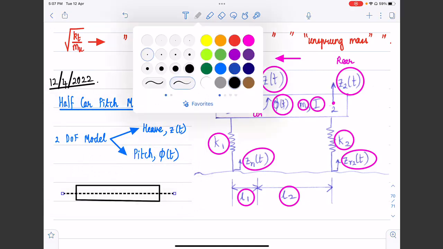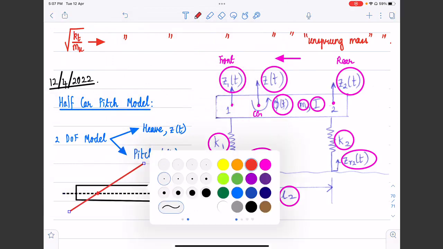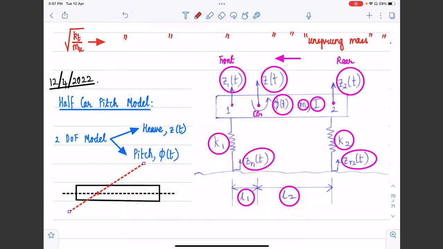Let's say this is our mass and that dashed line is our initial position. Due to the pitch motion, let us say this is our vehicle CG, and about the vehicle CG, I'm just drawing an exaggerated diagram. Let us say the vehicle has pitched in this manner. This is the axis of our vehicle.